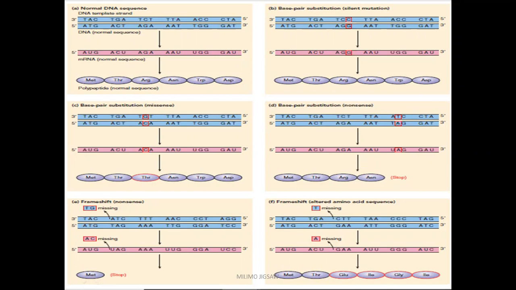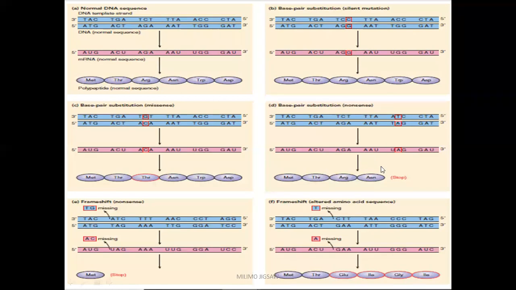Remember, UAG is a stop codon. There has been a mutation that has occurred in the sequence, and this has rendered, during transcription, what has been transcribed as this codon. And UAG is a stop codon.